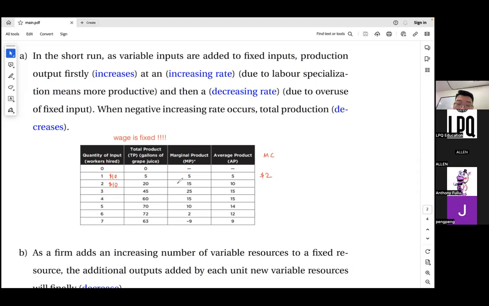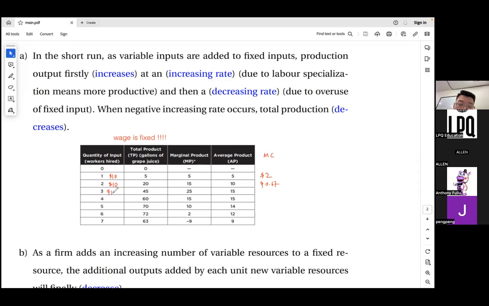But the second unit of labor can produce 15 more units, right? So 10 divided by 15. That means the MC, averagely speaking, is 0.67, because you do 10 divided by 15.